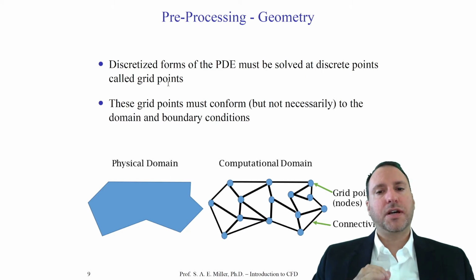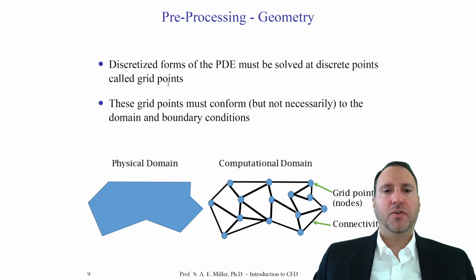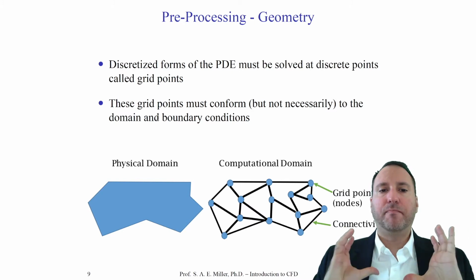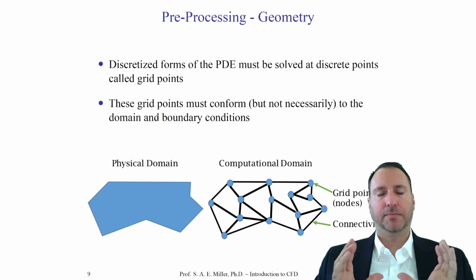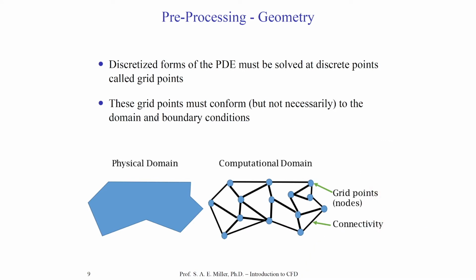So the discretized equations are solved on grid points or within volumes of elements or cells. Now, these grid points or volumes obviously must conform to the boundary of your physical domain. Let's look at this in an example so it makes a little bit more sense.